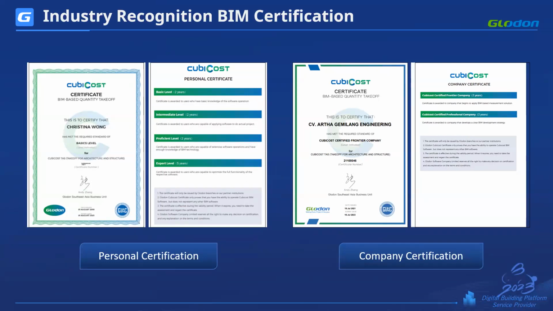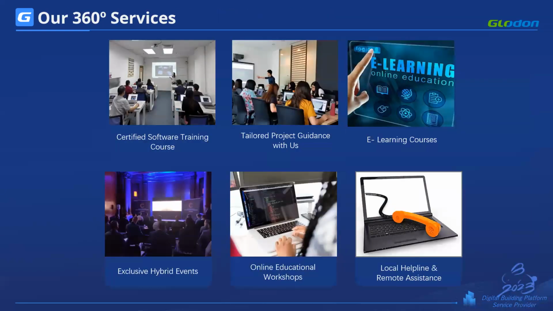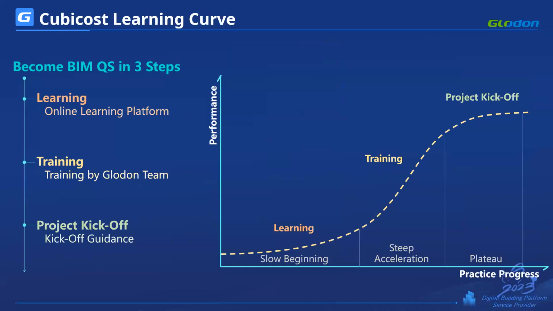And if you want a company certificate, you have to do an industrial model and submit it to Glodon company. Then we will give you professional certification. So this is a certified software training course. This is a very big company. After that you can have a lot of job opportunities.